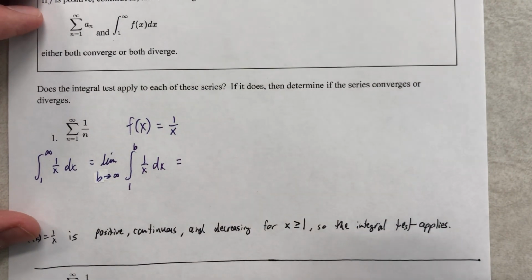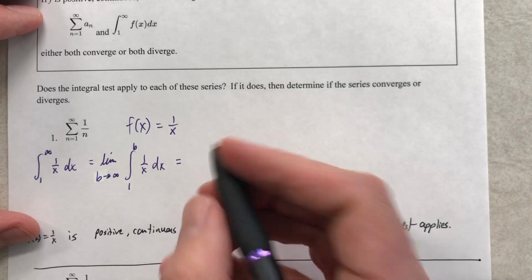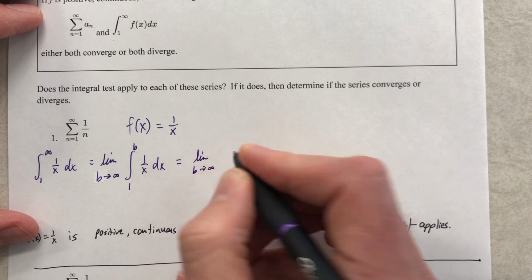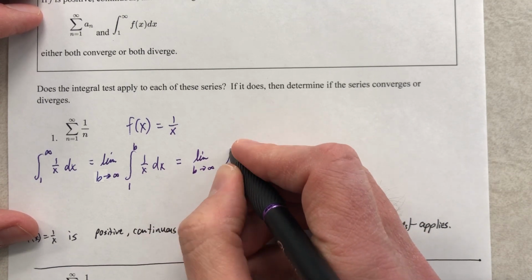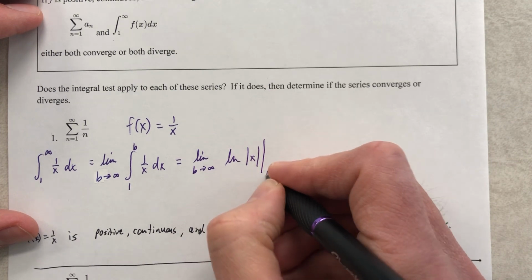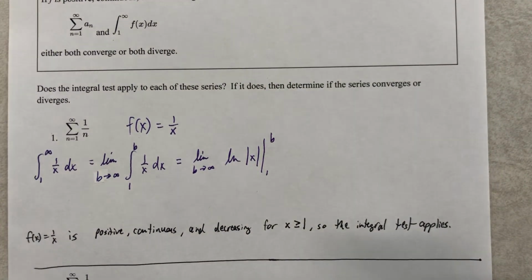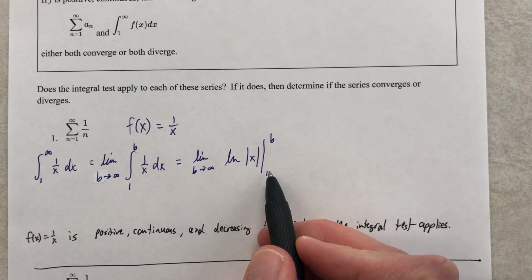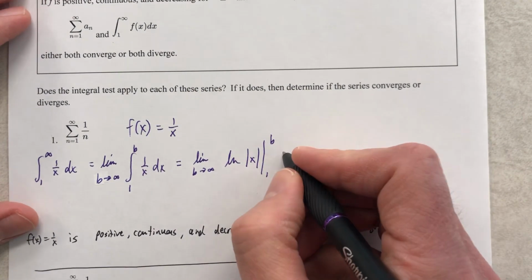And then we'll just keep integrating. The antiderivative of 1 over x dx is natural log of x. So this is the limit as b approaches infinity of natural log of x from 1 to b. Now, technically, I don't need the absolute value bars on that x because we're dealing with positive values. It goes from 1 and then up from there. But we'll keep going.